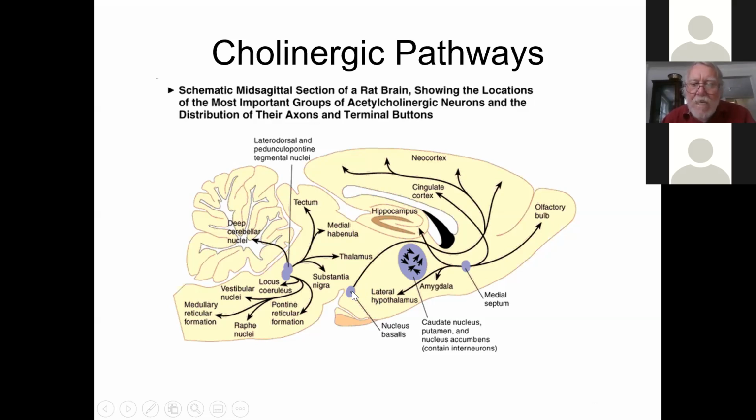And the amount of that loss was associated with the severity of Alzheimer's disease. This and a series of other studies in the early 1980s formed, just like the dopamine theory of schizophrenia, the cholinergic theory of Alzheimer's disease, with the basic loss of nucleus basalis cholinergic tone.